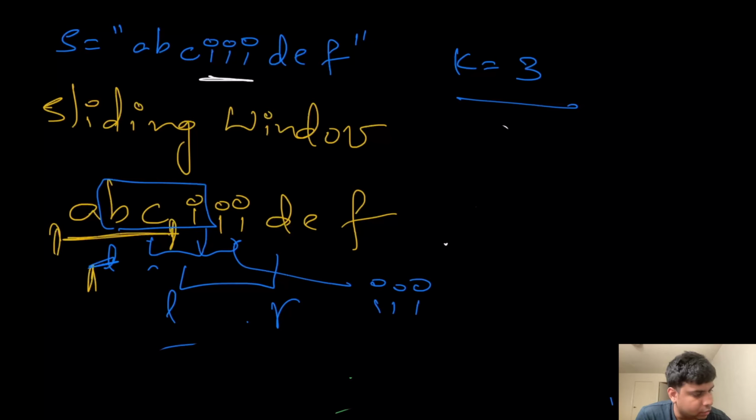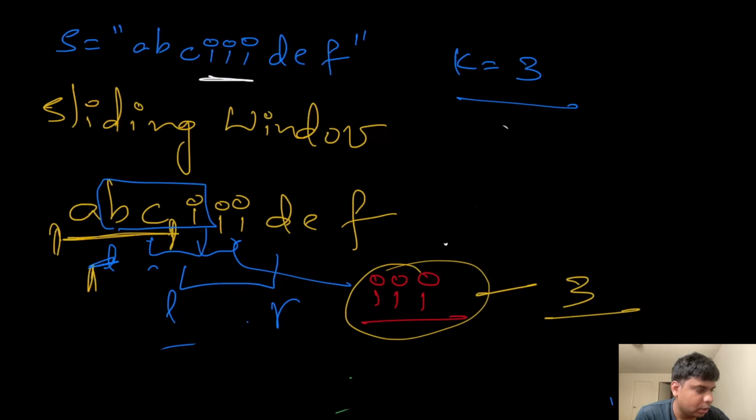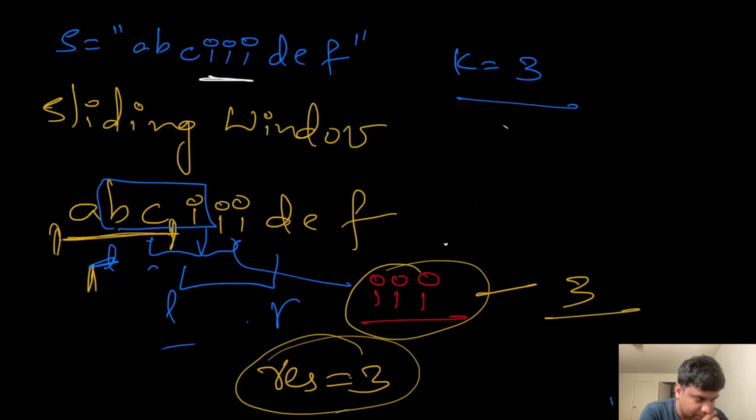So let me write it in a different color. So you will arrive at the window III. So this window basically has a res of 3. So global res 3, this will be the maximum.